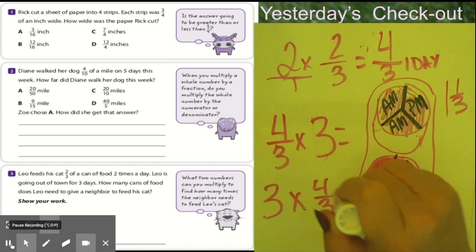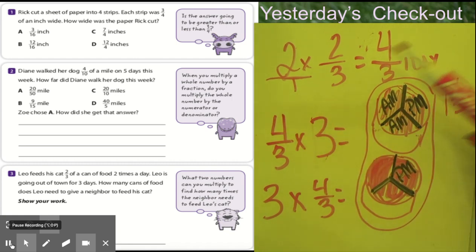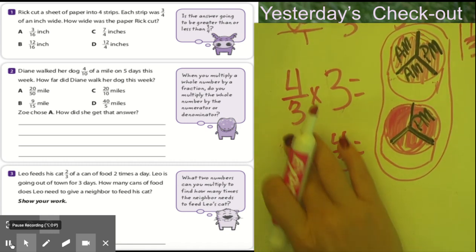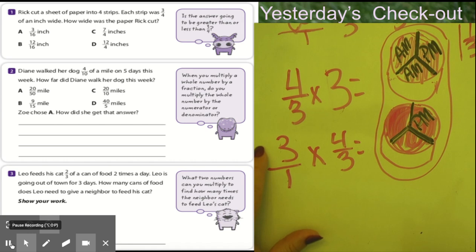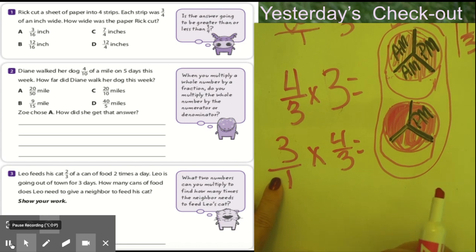So I can now multiply my numerator to my whole number. So let me go ahead and use this one down here, because I know you like that. I changed my whole number into a fraction form, which just means I added a 1 for the whole to symbolize it's a whole.